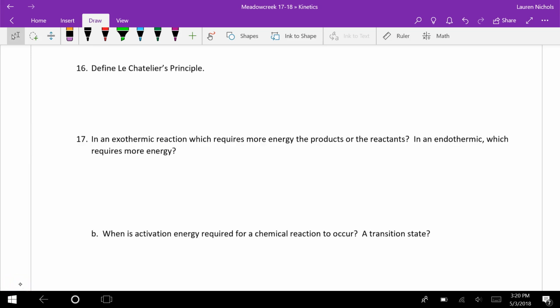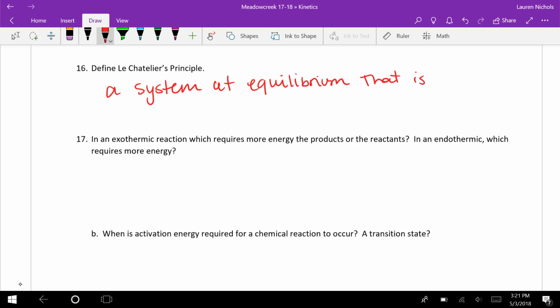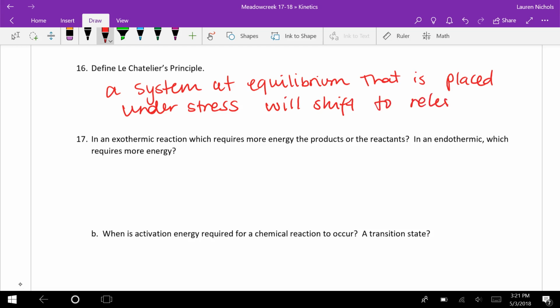But let's look at the last couple ones. So define Le Chatelier's principle. A system at equilibrium that is placed under stress will shift to relieve the stress.